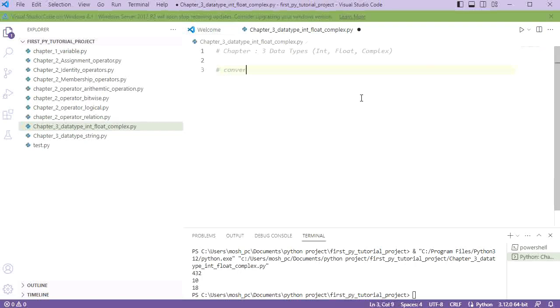Now we will discuss the int function, which converts a string or float to an integer.